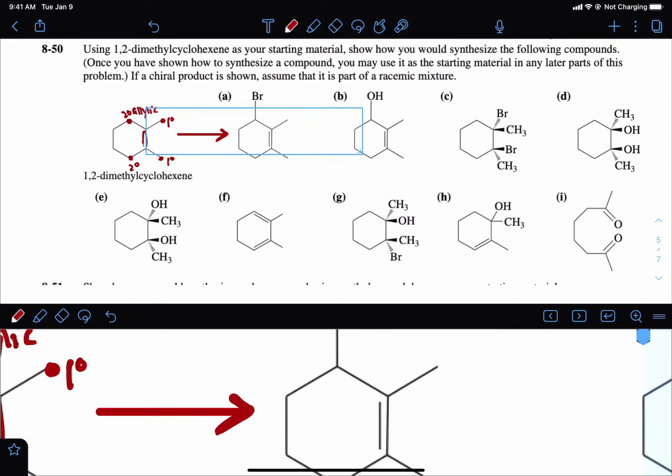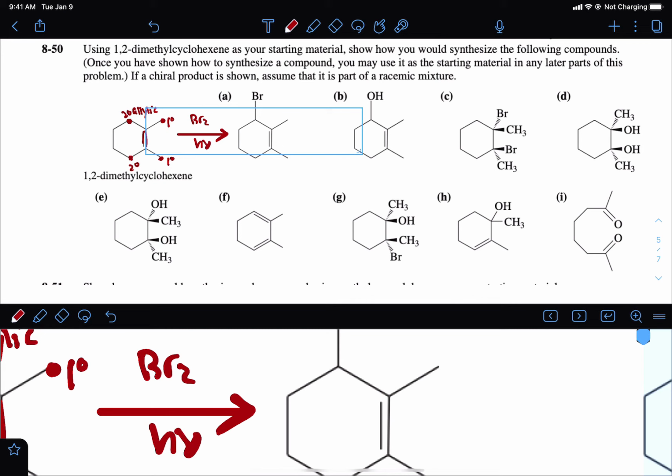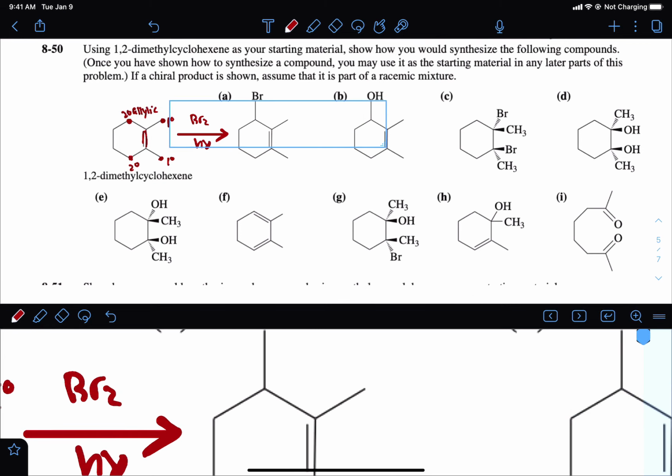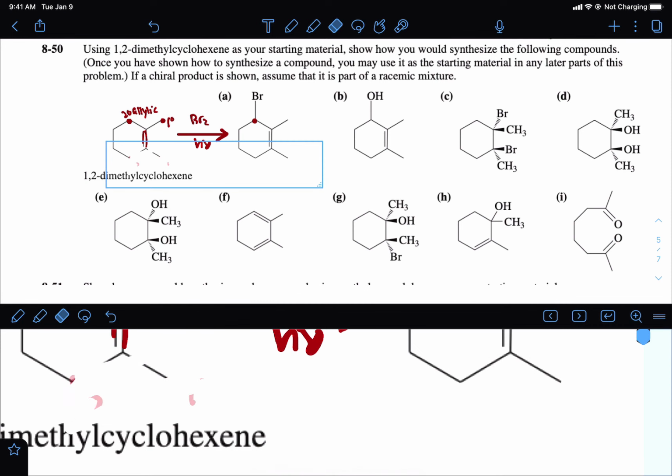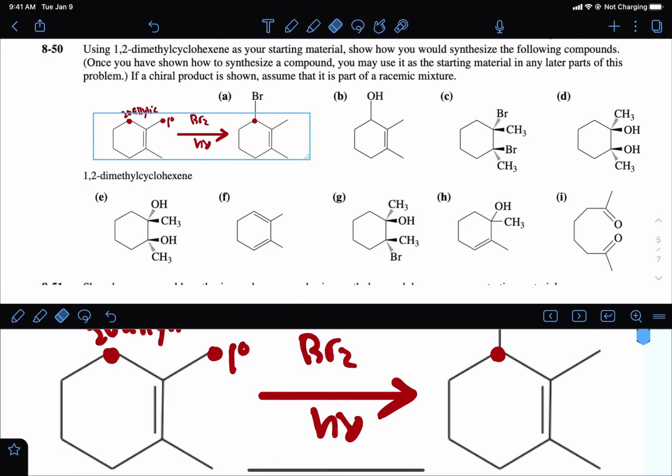If we use Br2 and light, we will halogenate at a secondary allylic position. Notice that if we halogenate down here, it's the same product. It's a symmetrical starting material. So Br2 and light is what we need to brominate an allylic position.